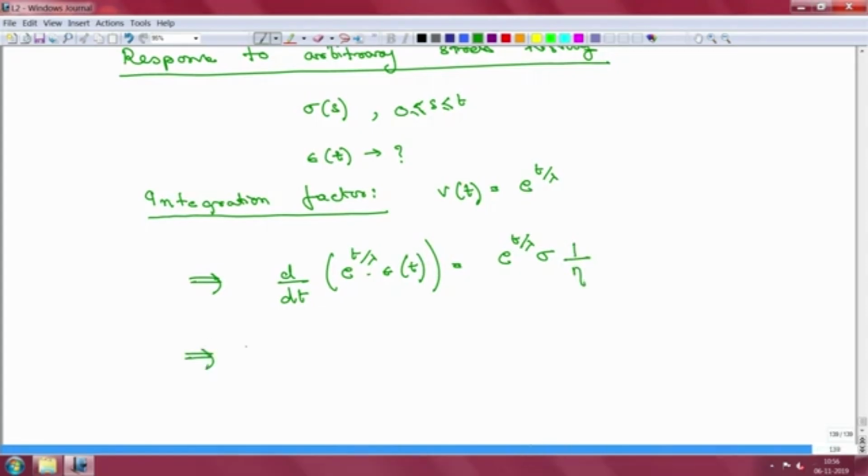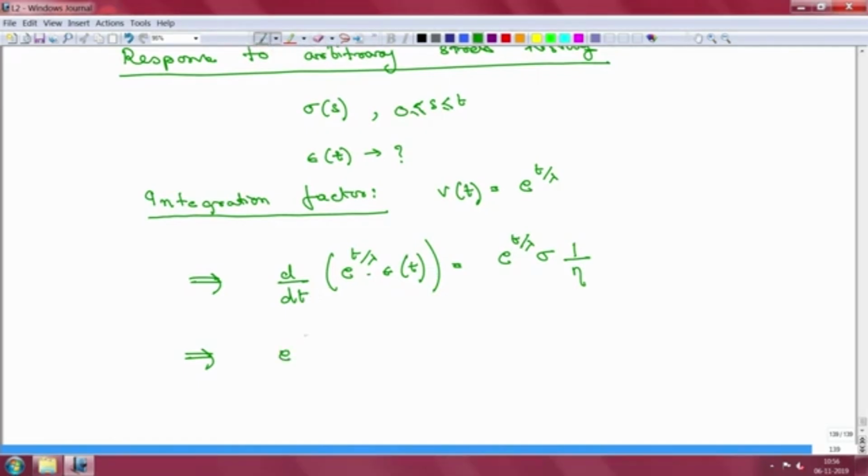So now we have to integrate both sides from 0 plus to t, and I am just going to use a different variable here for a second.